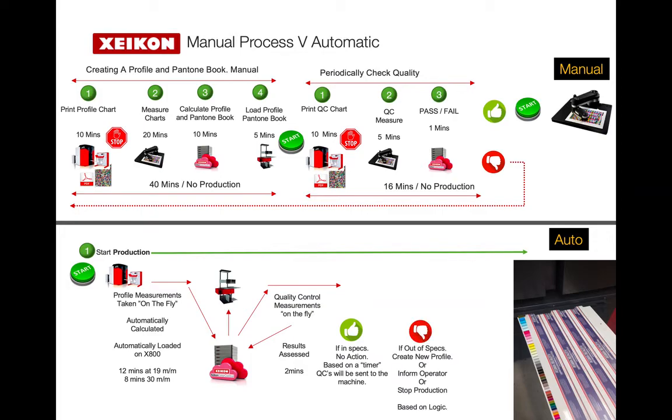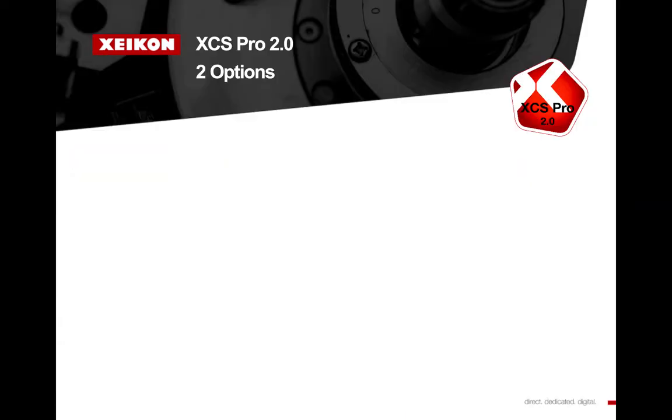However, if it's out of specs, we'll automatically either create a new profile, inform the operator, or even stop production. So there's zero man time with this while you keep the maximum quality all the time.